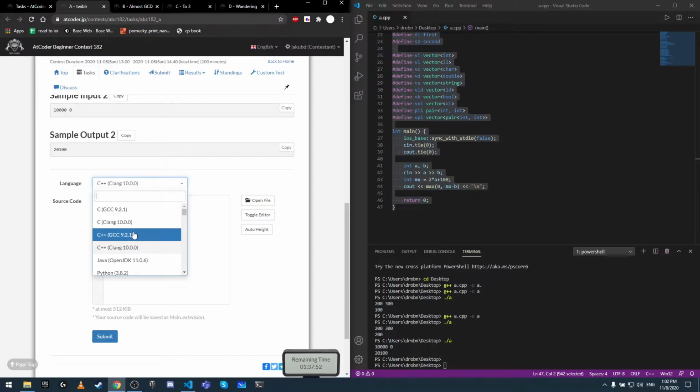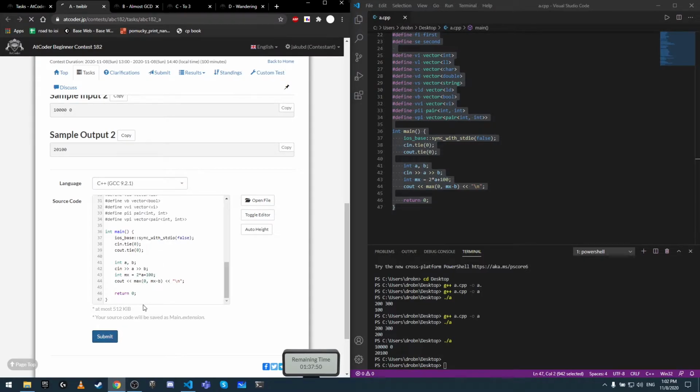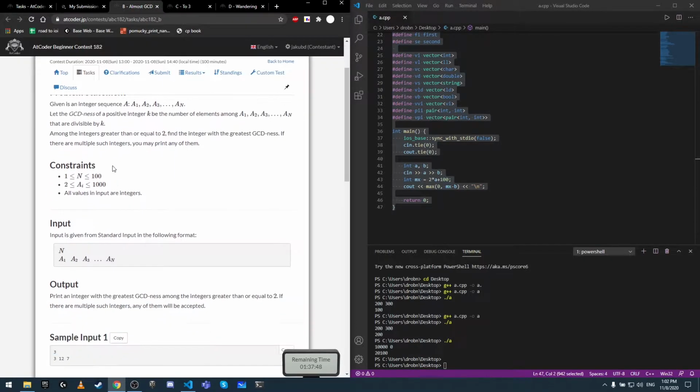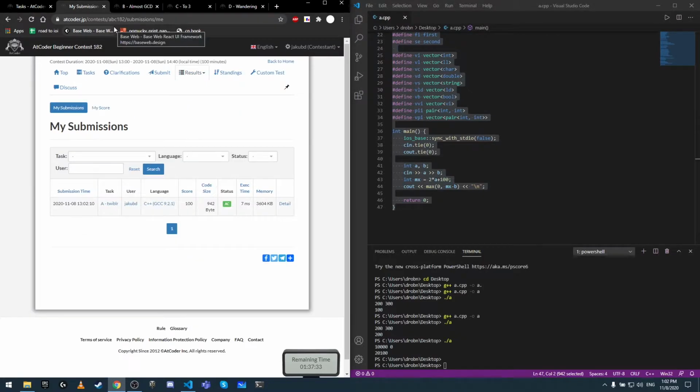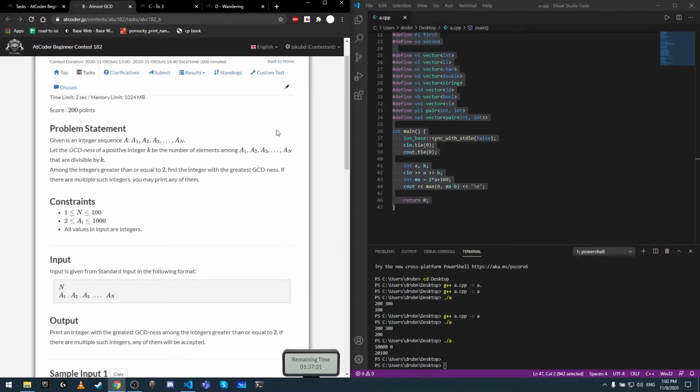That was slow. That was very slow. Let's hope it will pass. We can see. Okay, this passes, so we don't have to worry about it.